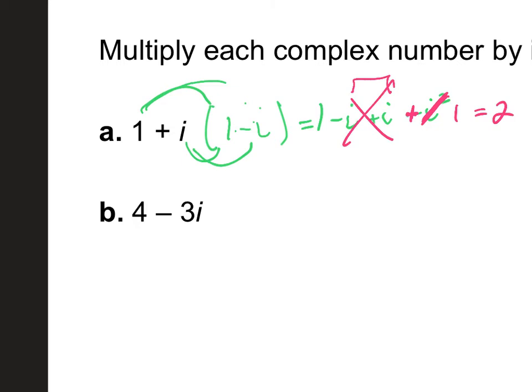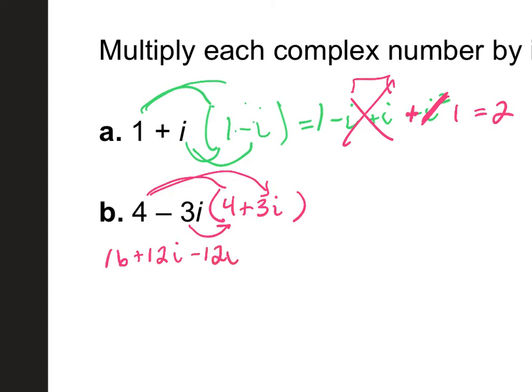Every time you multiply by the complex conjugate, you are eliminating all the i's, and I'll show you why in a second. But what is the complex conjugate of 4 minus 3i? 4 plus 3i. Great. So when I FOIL this, 4 times 4 is 16. 4 times 3i is 12i. -3i times 4 is minus 12i.